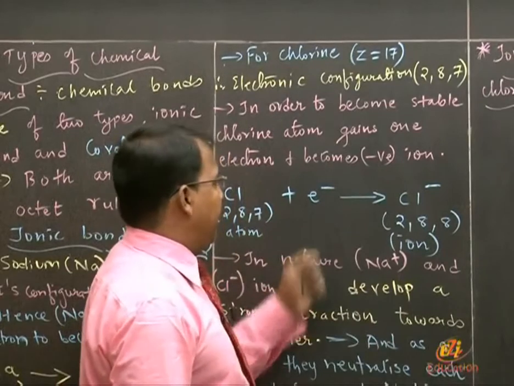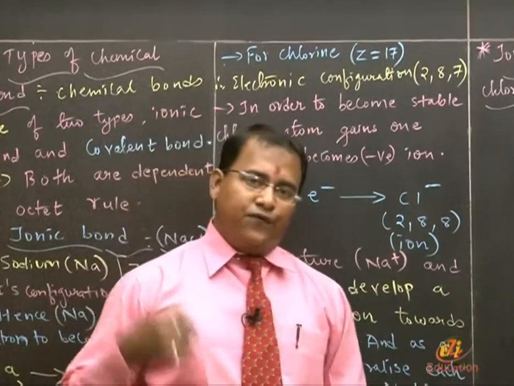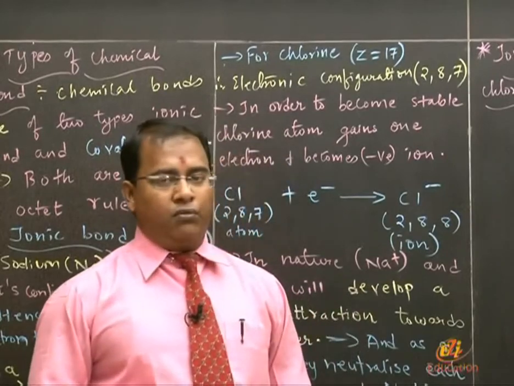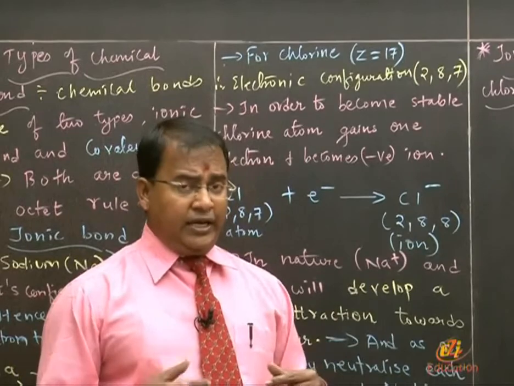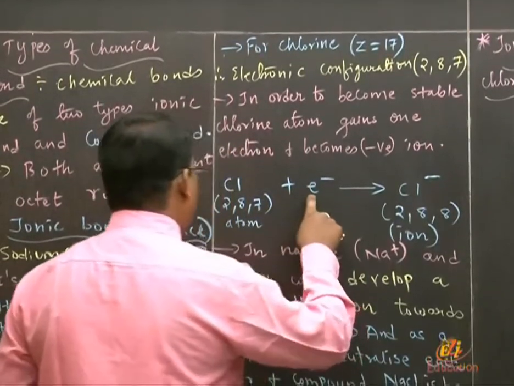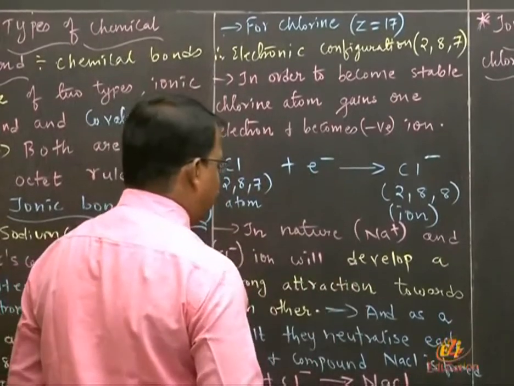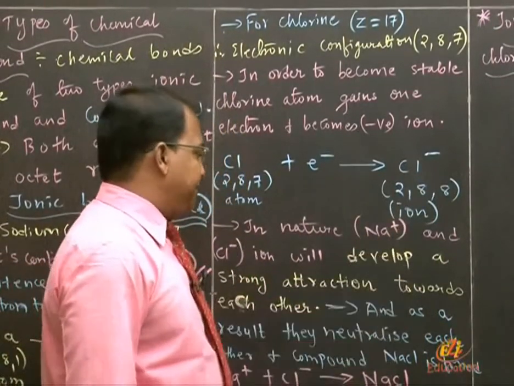So Cl plus electron gives Cl negative. Why? Because the rule of nature is fixed. If you give an electron, you are going to form a positive ion. If you gain an electron, it will be a negative ion. So chlorine gains one electron in order to satisfy its need of becoming stable. It becomes Cl negative, 2,8,8 ion.